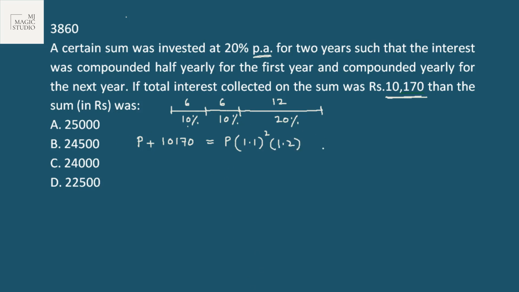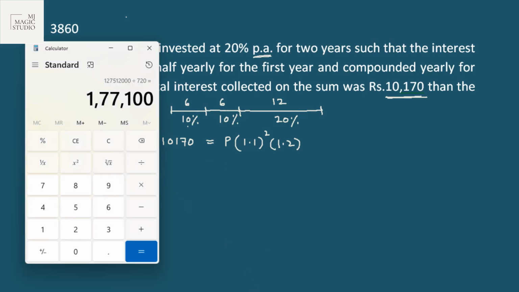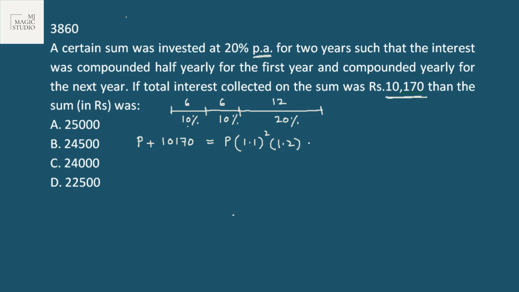Now how much is this value? We can solve this and find the value of P easily. So 1.1 into 1.1 into 1.2 is 1.452. So that is P into 1.452.